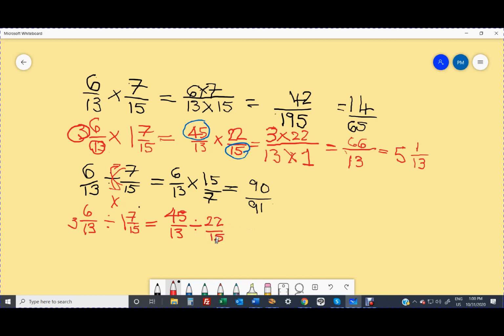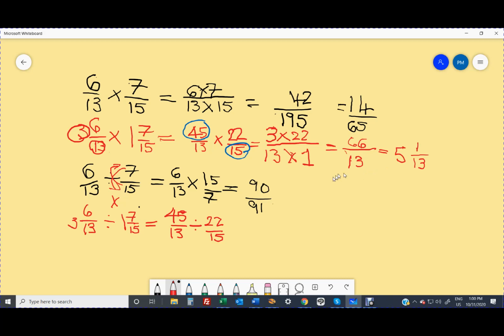Now, do you remember, what do we do to convert divide to multiply? We flip. We do the numerator to the denominator, the denominator to the numerator. So again, we can be clever.